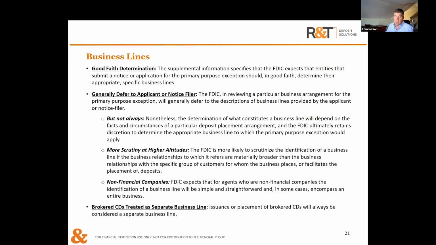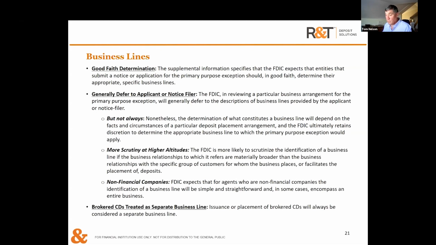It's the business line where you have to make this determination. So you have to make a good faith determination, when you're making this application and when you're dealing with somebody who's made this application, that they're using the business line discussion appropriately. The FDIC has made a clear opinion, it would agree with this. They're going to scrutinize the identification of a business line very closely, and they're going to be able to tell when people are cherry picking.